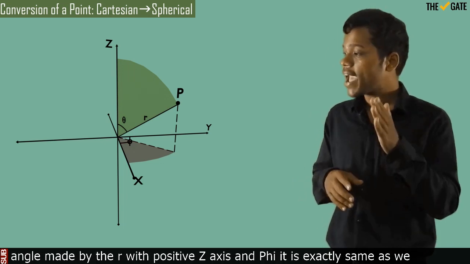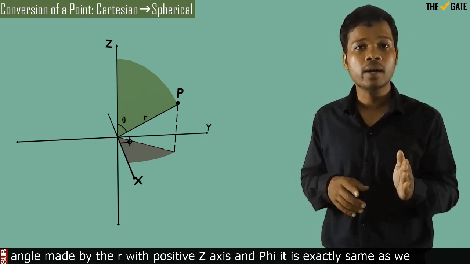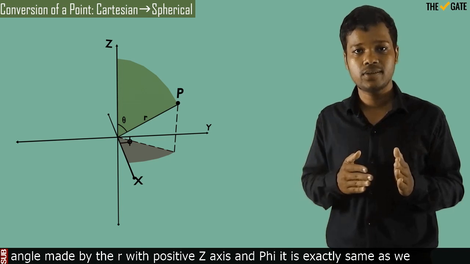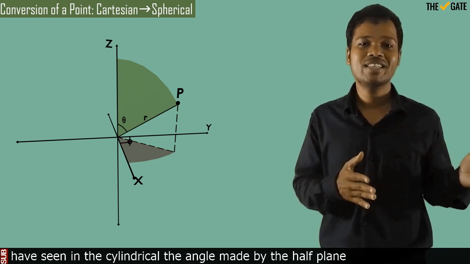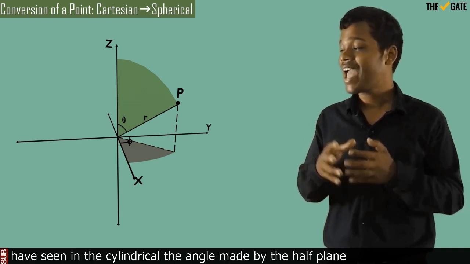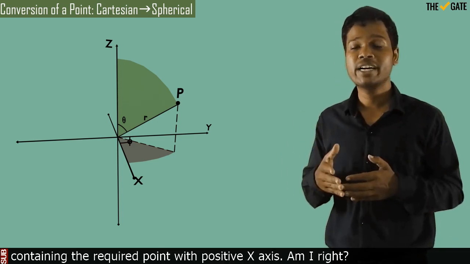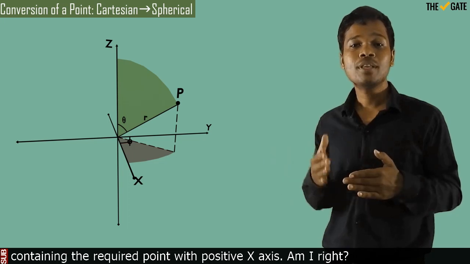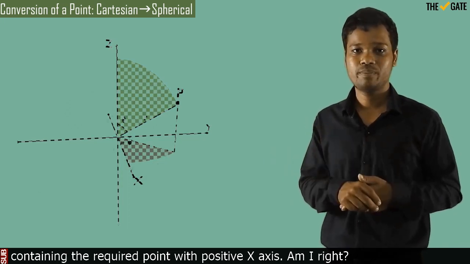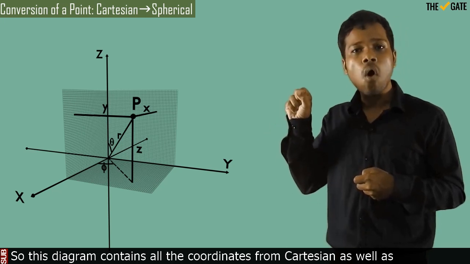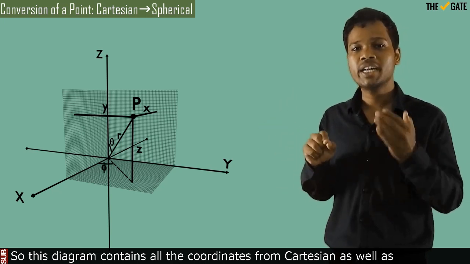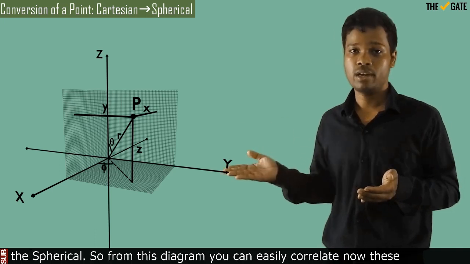Theta, it is the angle made by the r with positive z-axis, and phi, it is exactly same as we have seen in the cylindrical. The angle made by the half plane containing the required point with positive x-axis. Am I right? So this diagram contains all the coordinates from Cartesian as well as from the spherical.